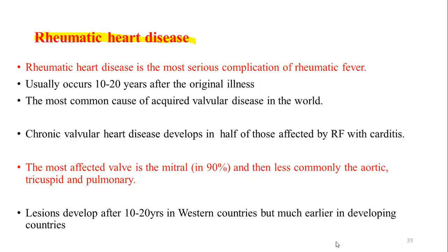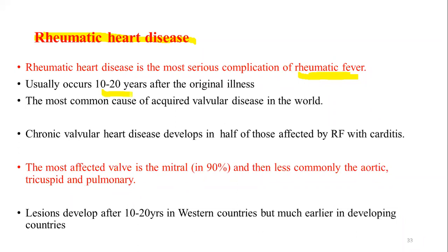Okay, good. Thank you. So this is a good summary. So now, let me take you through rheumatic heart disease. Rheumatic heart disease is one of the most serious complications associated with acute rheumatic fever. It mostly occurs 10 to 20 years after the original illness.